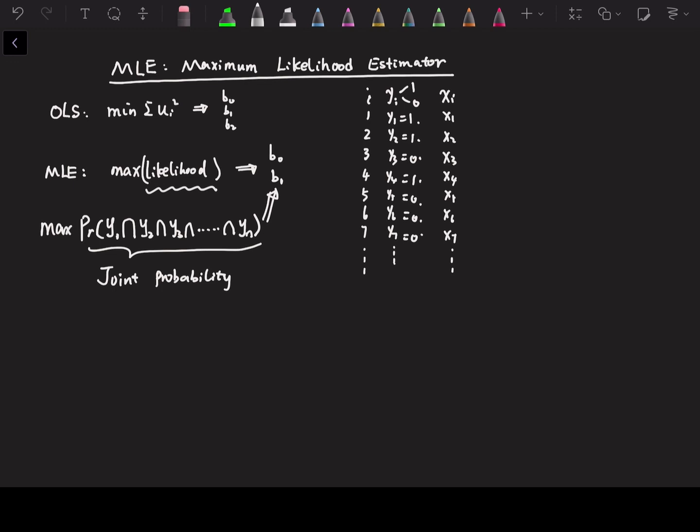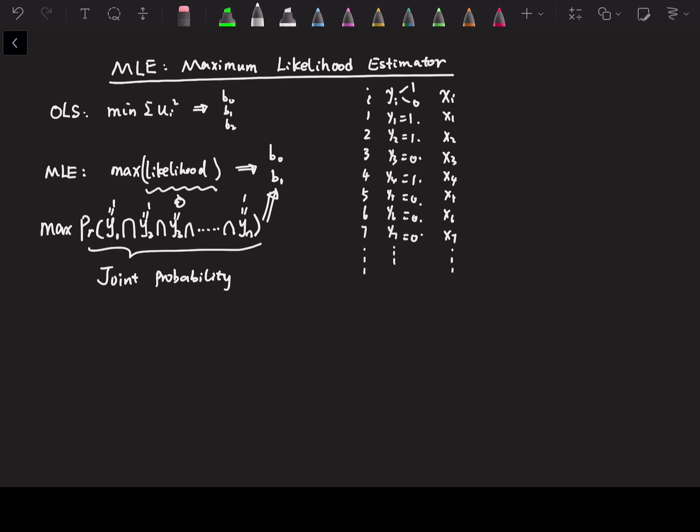So we want to maximize the probability of getting all the data you observed. What is the probability that you observe Y1 equals 1, and Y2 equals 1, and Y3 equals 0, and Y4 equals 1, and the last variable maybe equals 1? So we want to maximize the joint probability.